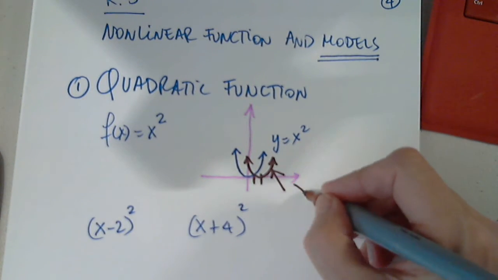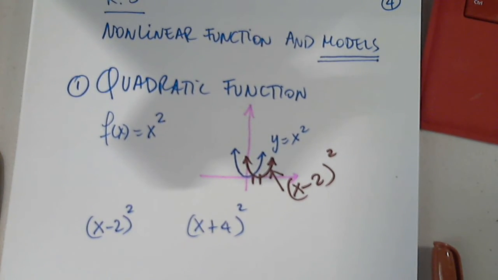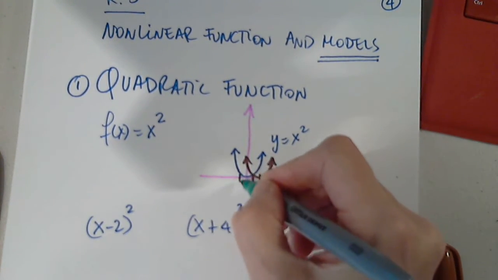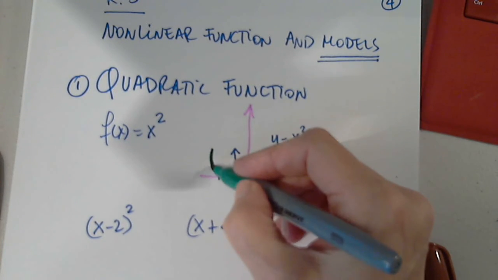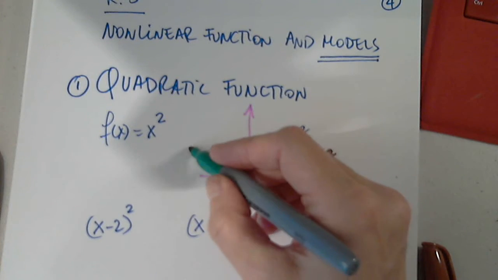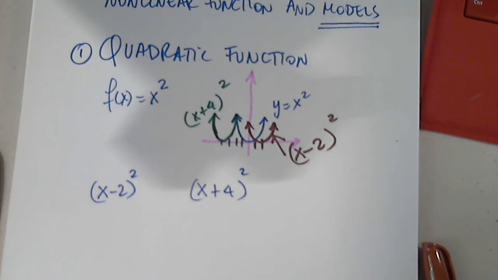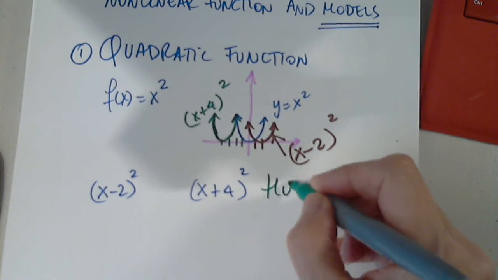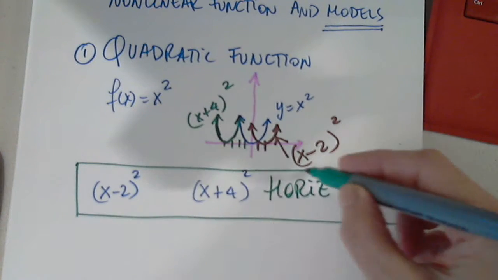So this is x minus 2. For x plus 4, it is a horizontal shift to the left 4. Same shape, no change. So this is x plus 4 squared. Both of these are horizontal shifts.